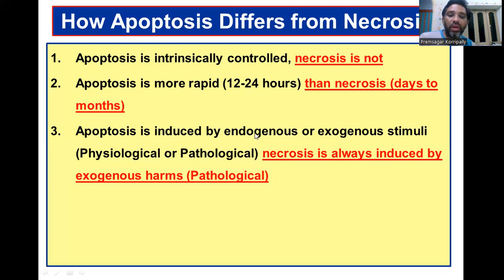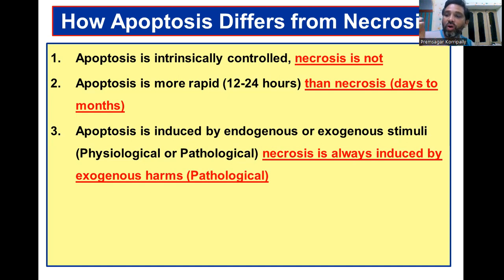Apoptosis is induced by endogenous or exogenous stimuli. In the previous diagram, you have seen that apoptosis stimuli are endogenous and exogenous, and can be physiological or pathological.